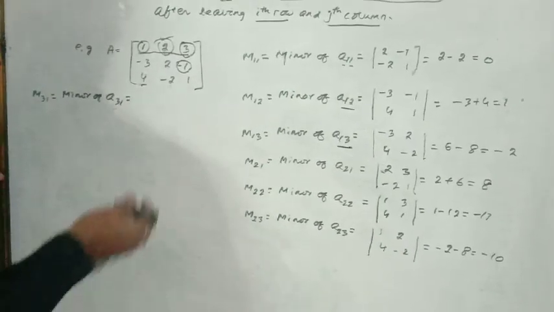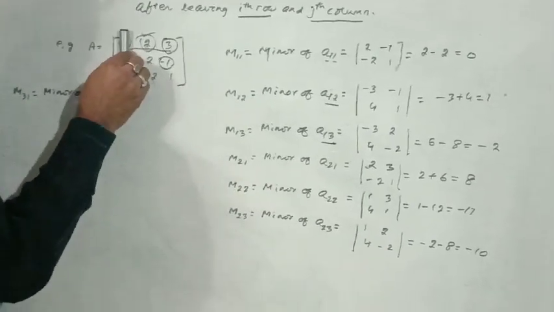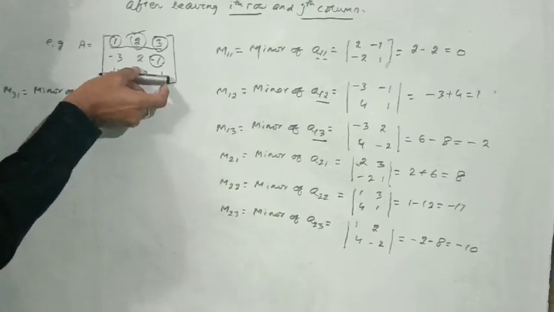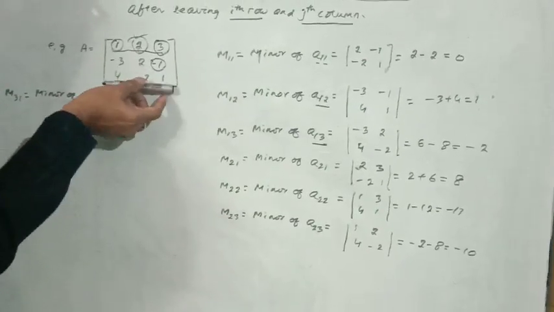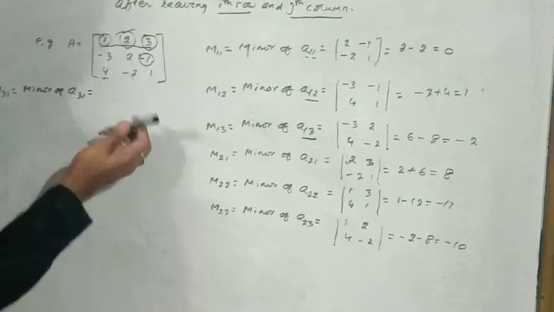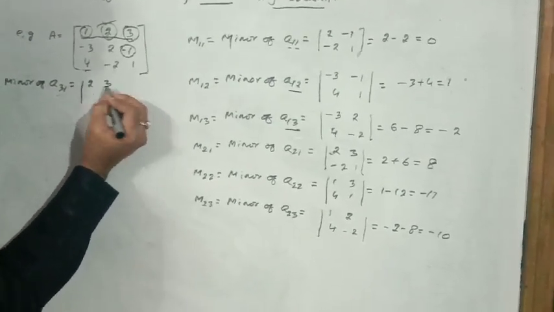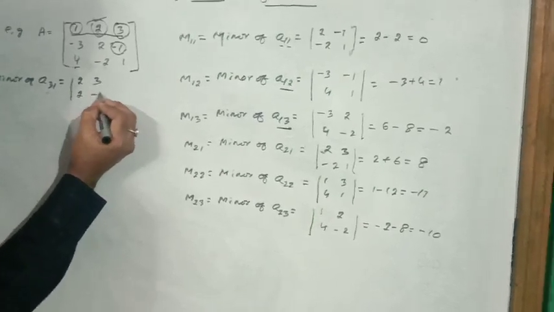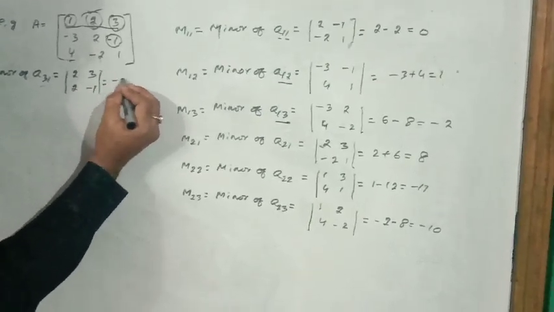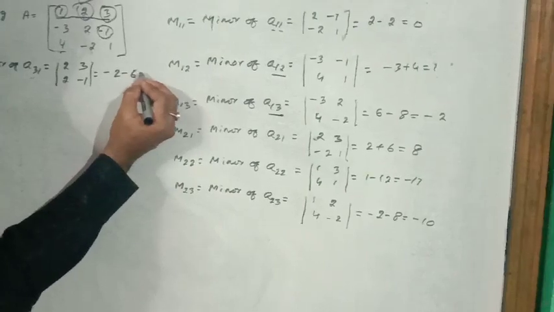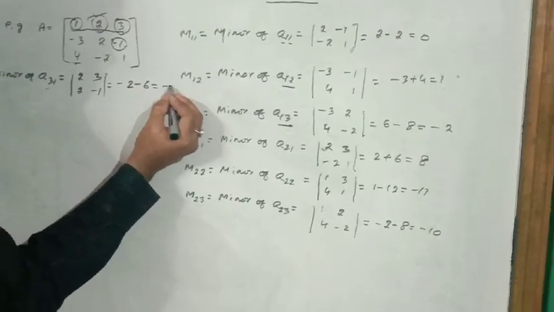It is 4. So you have to omit the third row and first column. So it is the determinant of 2, 3, 2, minus 1. That is equal to minus 2 minus 6, which is equal to minus 8.